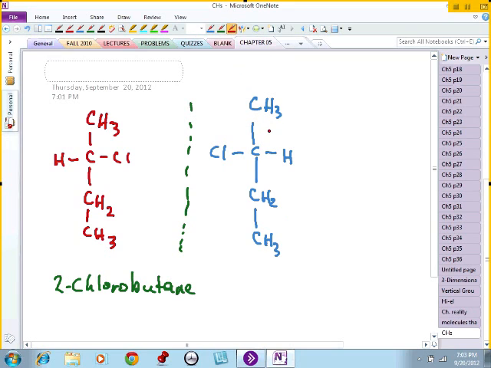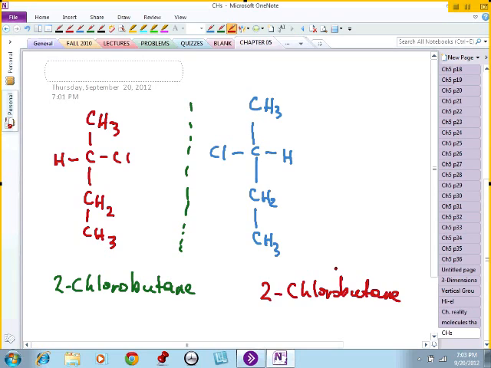What is the name of this mirror image? We already agreed that these are different molecules because they will not superimpose. They are enantiomers. So essentially they are different molecules, different compounds. So what are we going to call this? It's 2-chlorobutane, right? So then how do we know which 2-chlorobutane we are dealing with?